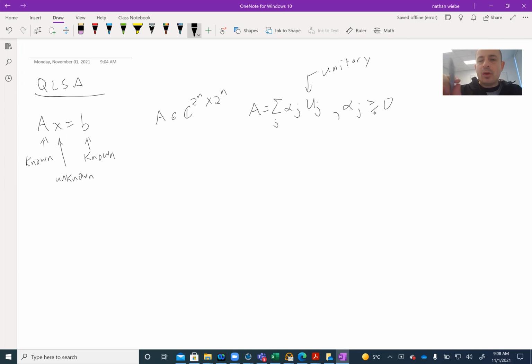Okay, wonderful. So once we've assumed A is invertible, then the unique solution to the linear systems problem is that X is equal to A inverse B, where again, X is a vector of dimension 2 to the n here.